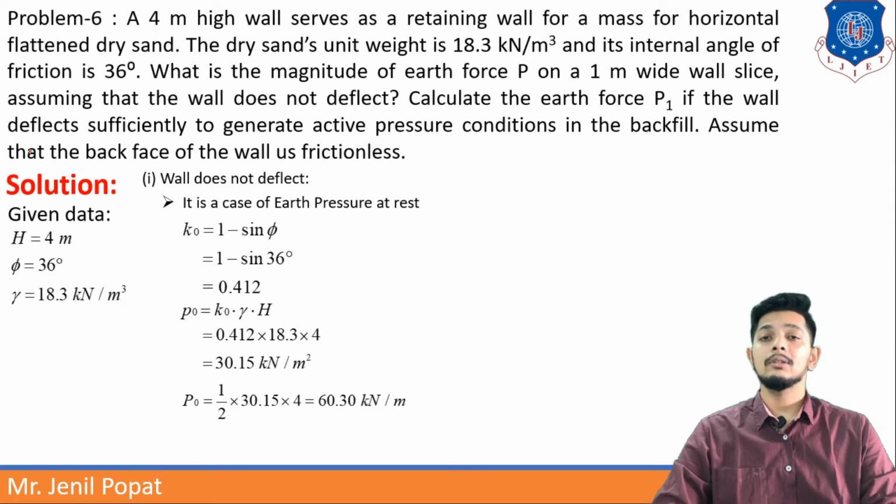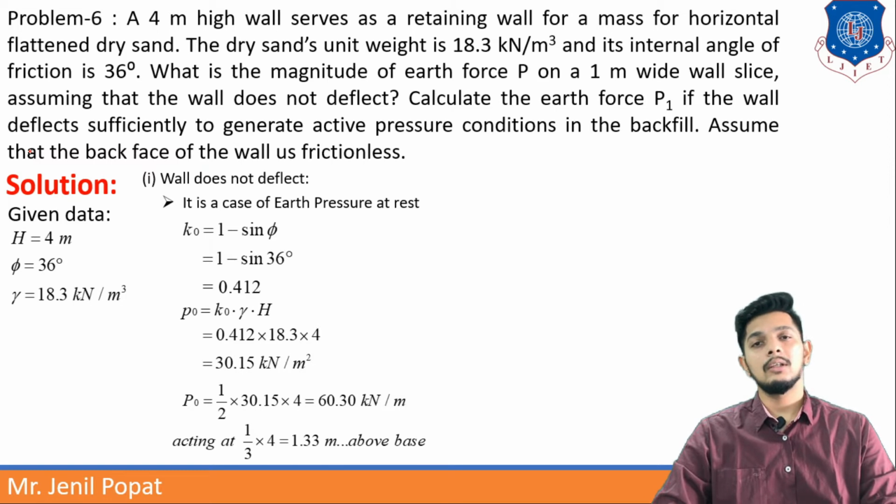So the P0 pressure force will be 1/2 into 30.15 into 4, that will be 60.30 kilonewton per meter. Now where will it act? It will act at 1/3 of the height of the triangle, as we can call it the CG of the triangle. So it will act 1.33 meter above the base.